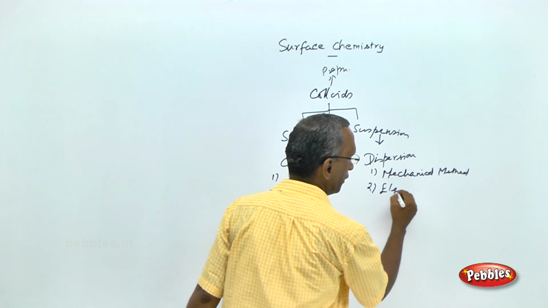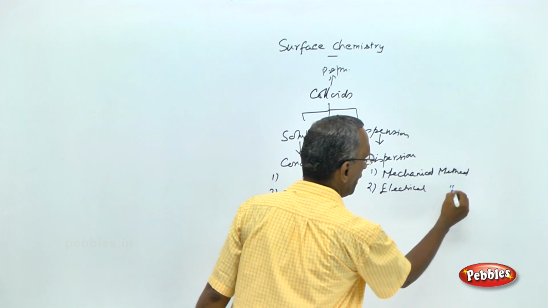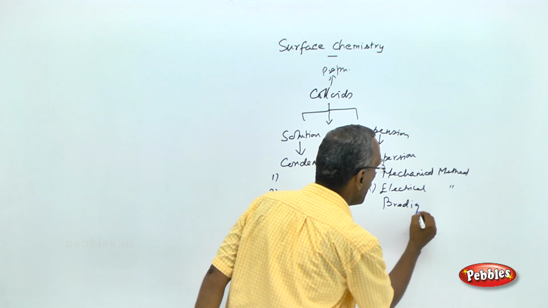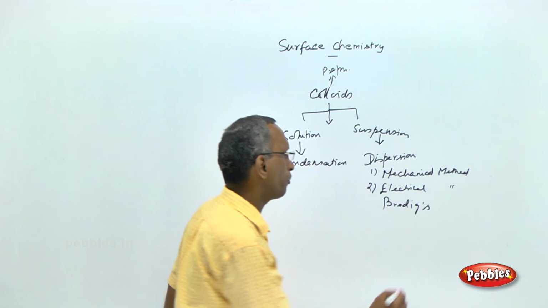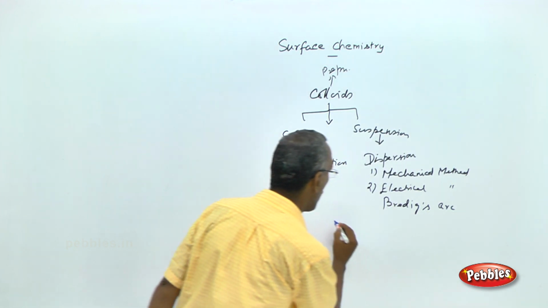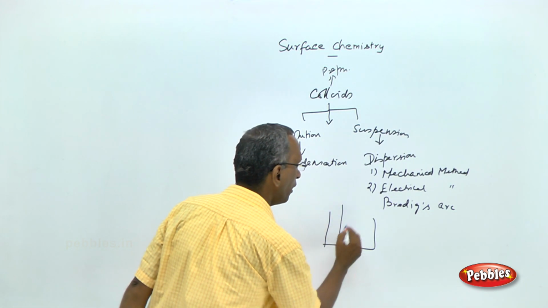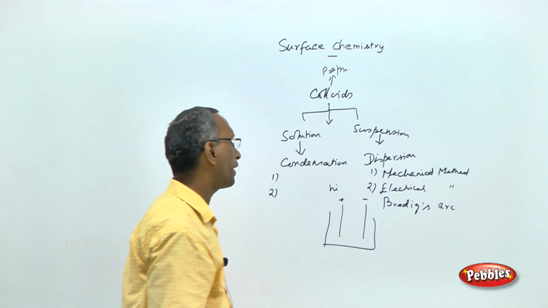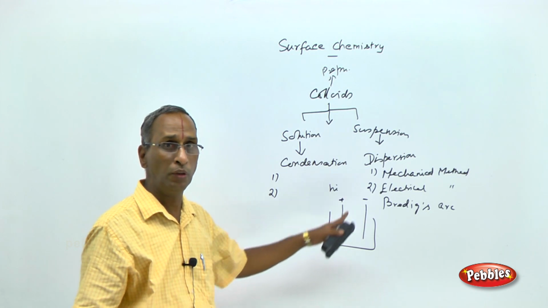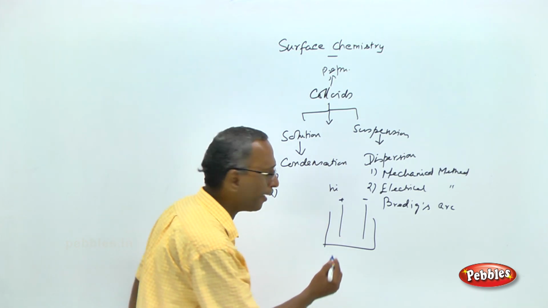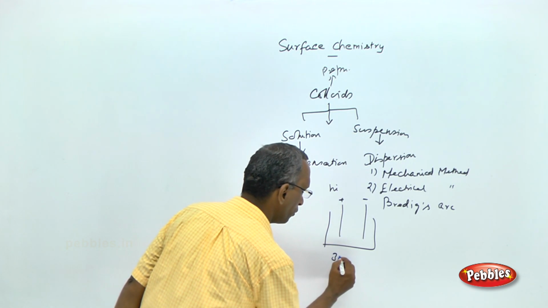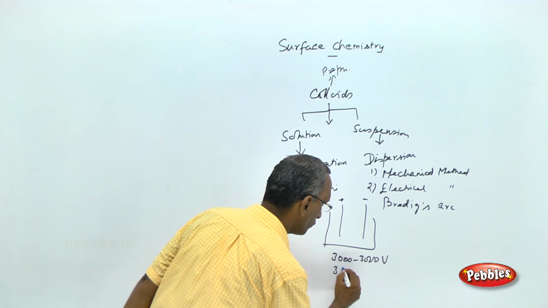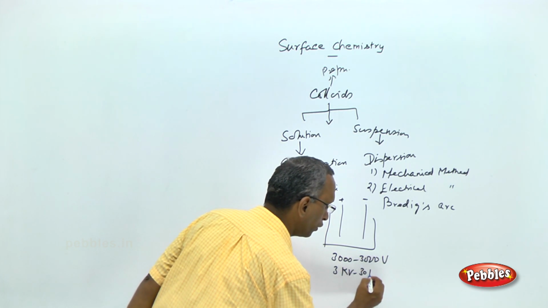Second one, the electrical method. It is a named method called Bredig's arc method. An electric arc is produced between two highly charged electrodes. You have direct current, with one pole always kept positive and the other always kept negative, at a very high potential of 3000 to 30,000 volts, or in other words 3 kilovolts to 30 kilovolts.